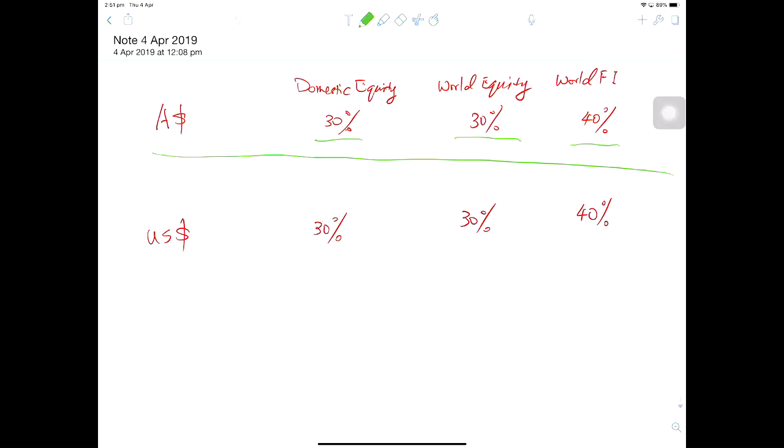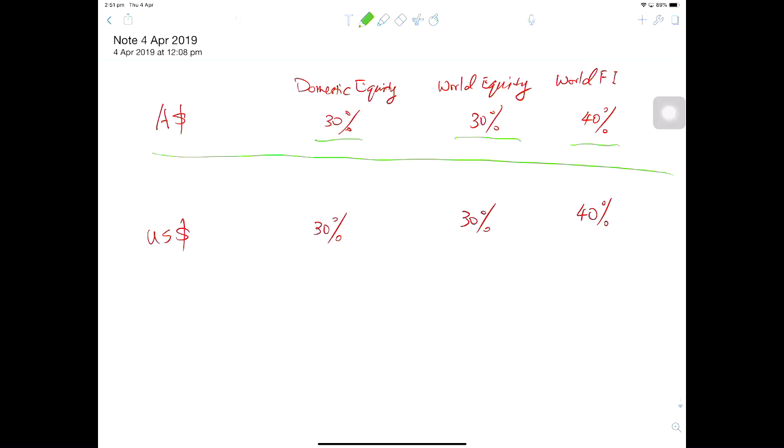It might potentially reduce my total portfolio risk. And remember this, when you hold a diversified portfolio, risk should be assessed at the total portfolio level. That's the case for Australian investors.